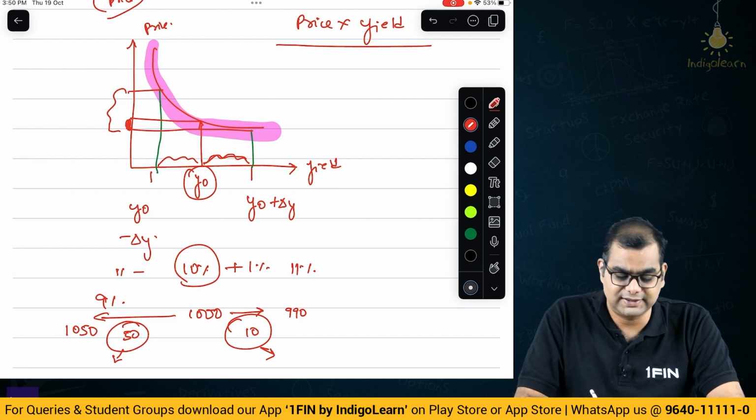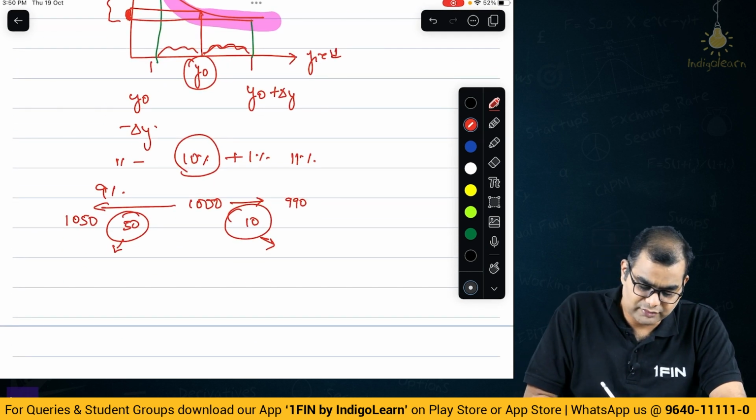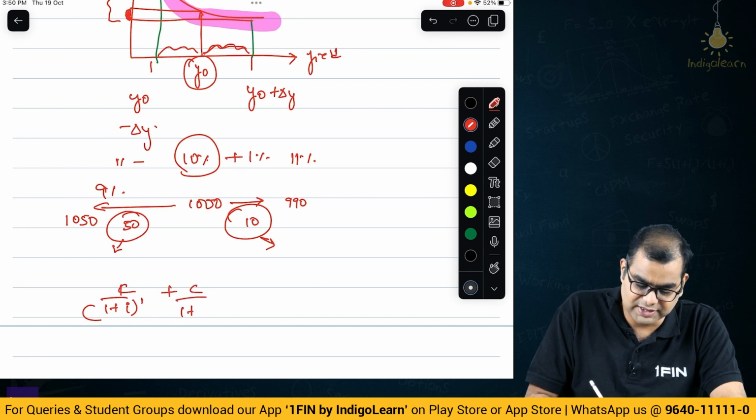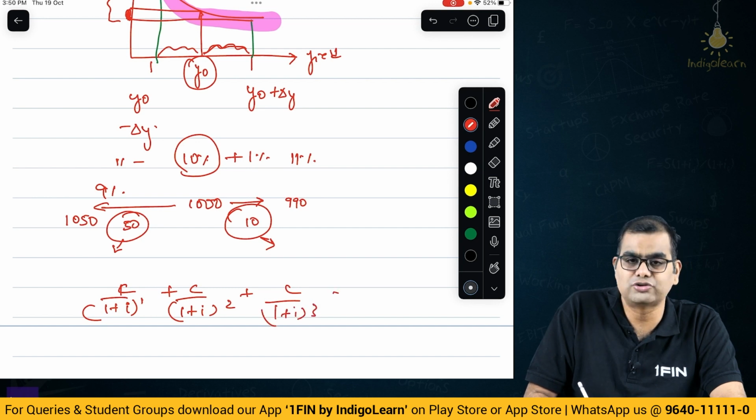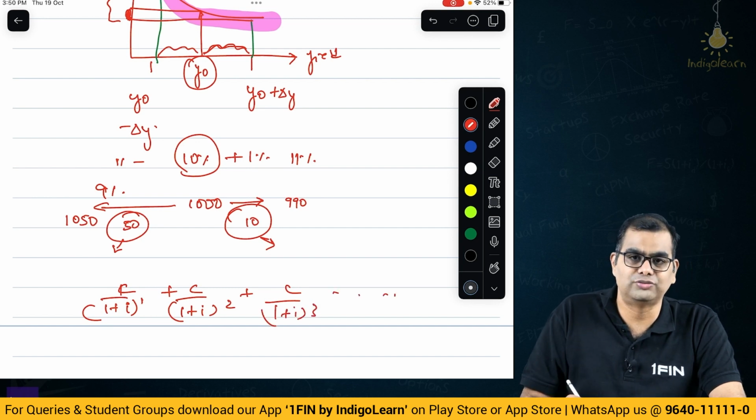Why is the curve like that? The curve is like that because we have the equation: 1 by (1 plus i) power 1, c by (1 plus i) power n, c by (1 plus i) whole squared plus c by (1 plus i) whole cube, and so on and so forth. This is the present value formula, right?